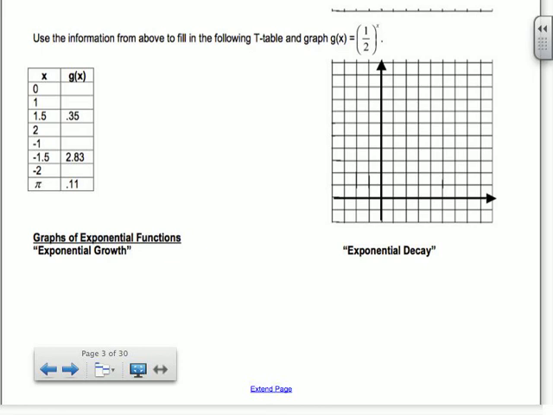All right, so let's try it with 1/2 to the x. So I'm going to have 1/2 to the 0. Anything to the 0 is 1. So again, I have the point 0, 1. I have 1/2 to the 1, so that's 1/2.